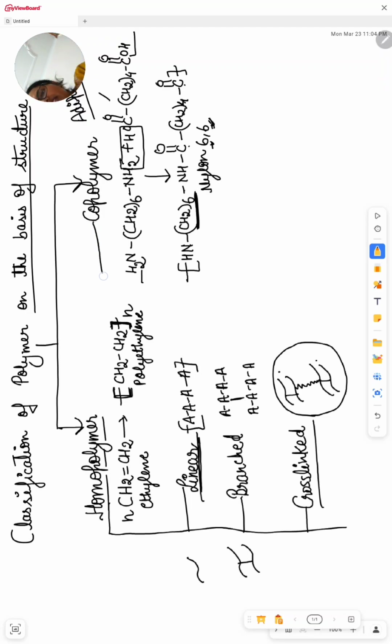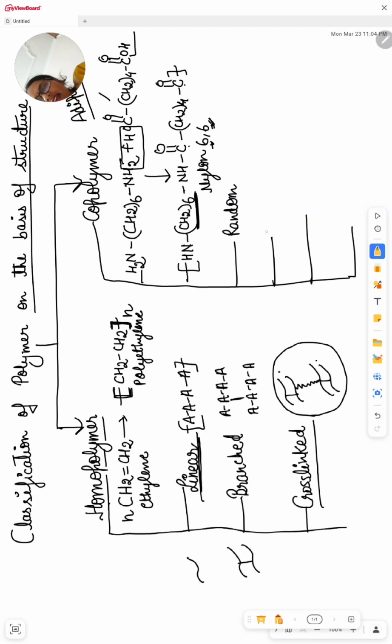Like this, the classification of copolymers. There are also 4 types. One is random, another is alternate, then graft copolymer, very important, and the other one is block copolymer.